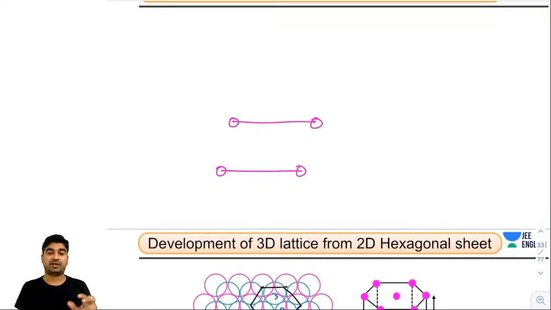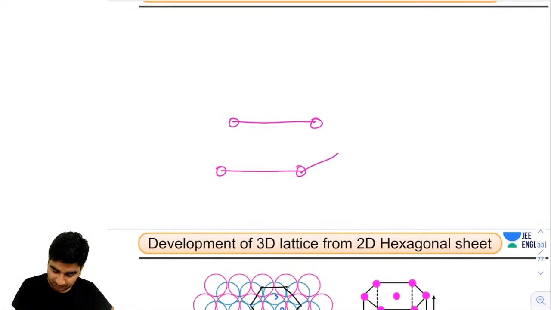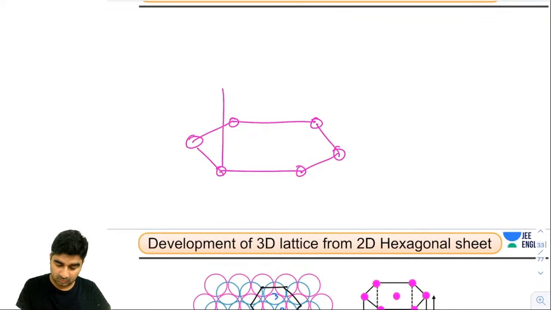And try to make it by your hands only. So you will be doing it this way.